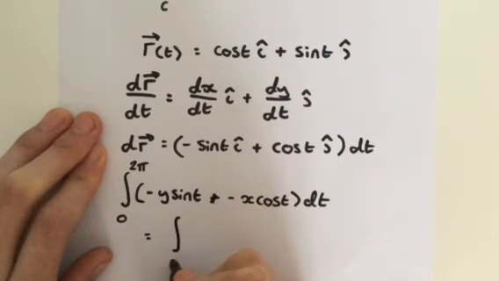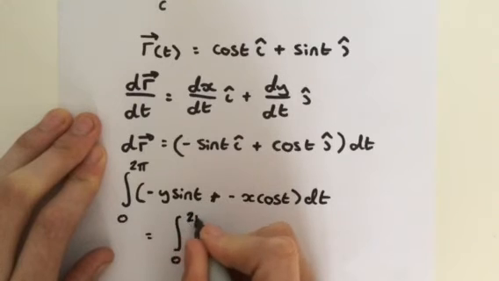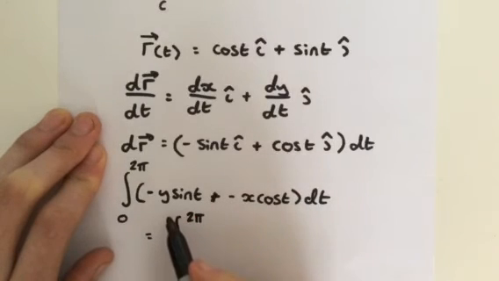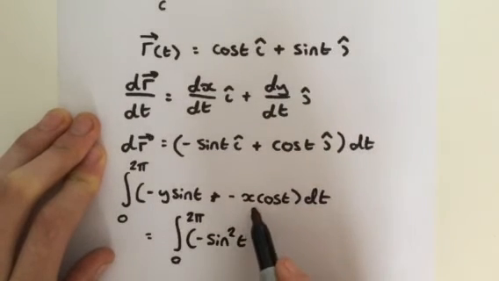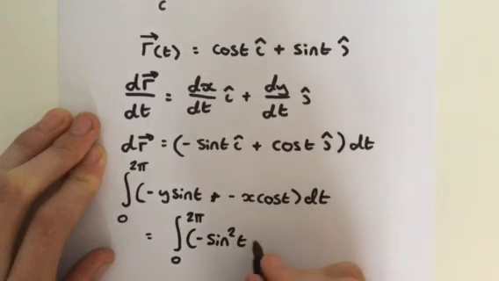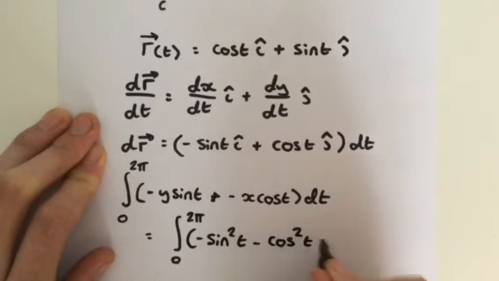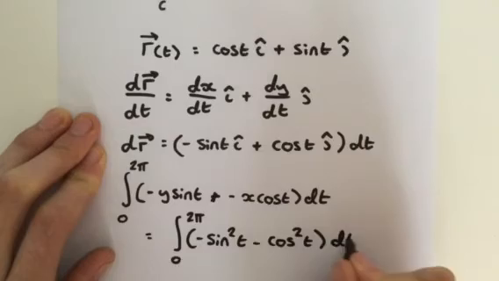So therefore, this integral becomes the integral from 0 to 2 pi of minus y. But y is sine t, so this becomes minus sine squared t. What's x? x is cosine t, so this becomes minus cosine squared t, dt.